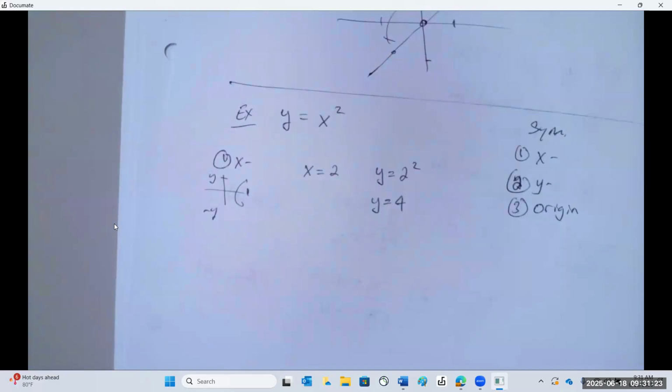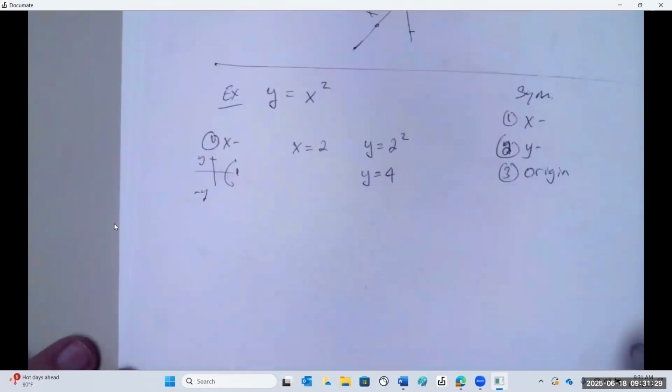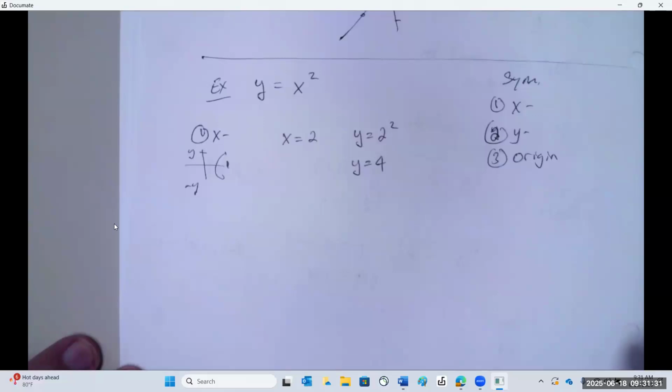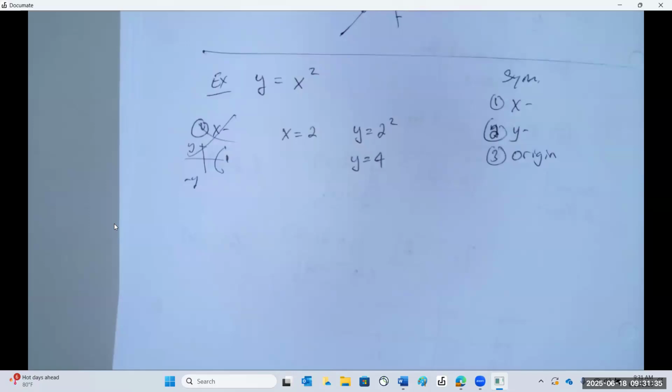Can that change? If I put x equals 2 again, will I get a different answer? No. So it's not symmetric about the x-axis.